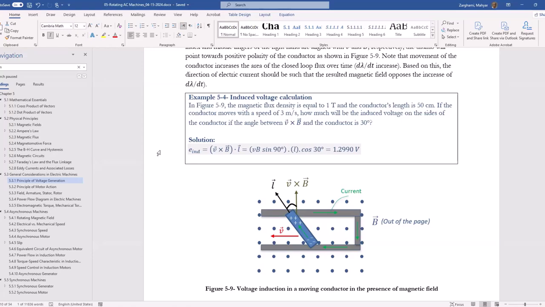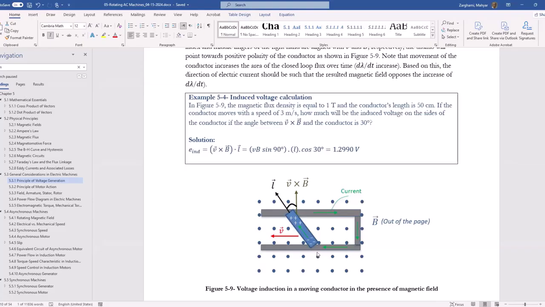If you do so, you will see that the resultant magnetic field, because of this current that I've shown in a green arrow, will be opposing the originating magnetic field, which is out of the page, right? So this is another way that you can explain why the polarity of the current should be like this.